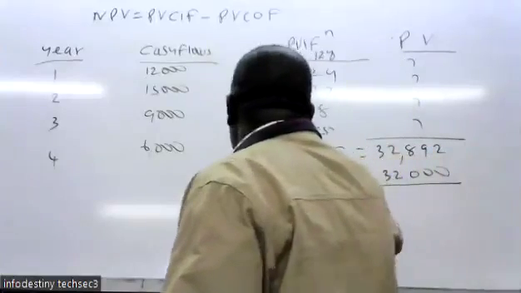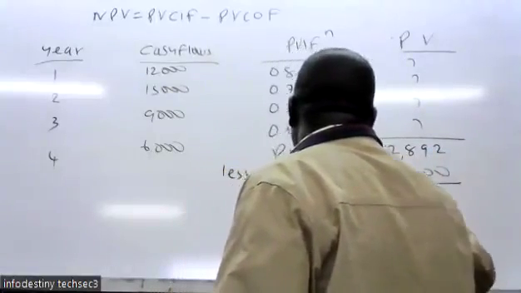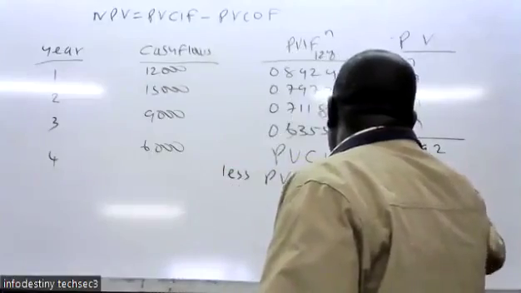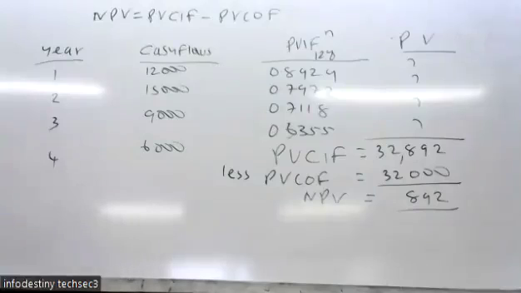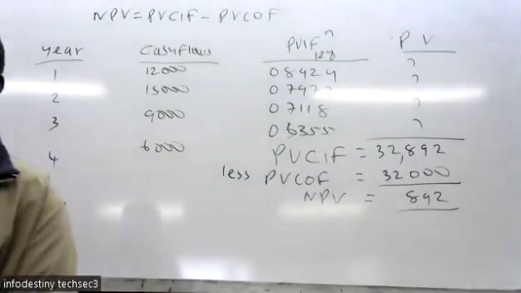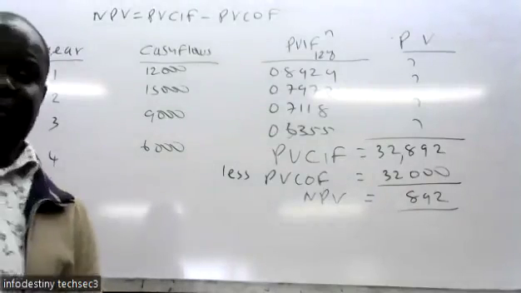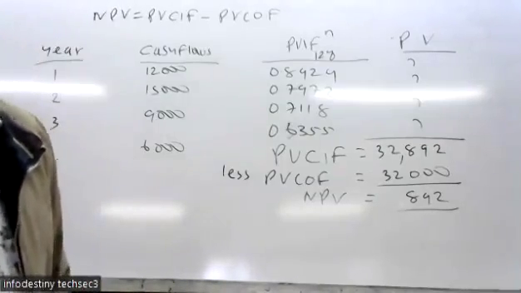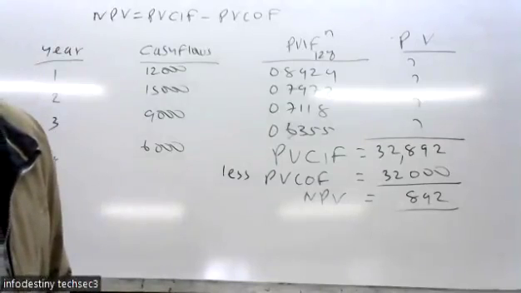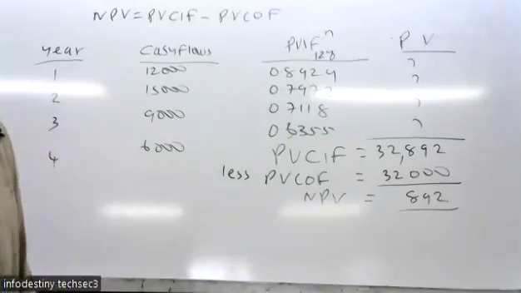When you subtract, you will now be able to get the NPV, which is 2,892. So that NPV is positive. If you are to advise, you advise them to accept the project, since the NPV is positive.